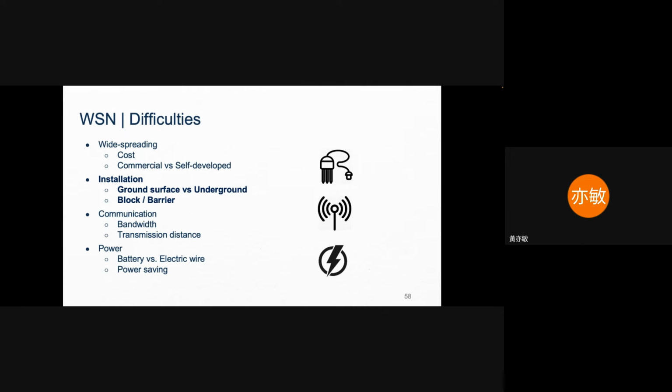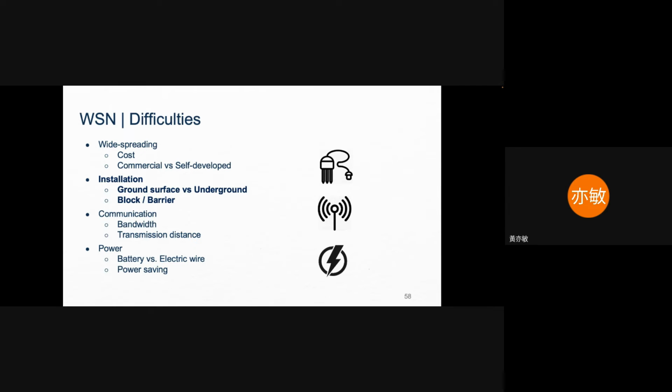The third one is communication. Communication usually is the most important one. If we cannot communicate with our sensors, then the sensors are useless because we don't have any data coming back from the site. And the next one is power. Each sensor operates on power. You can either put in batteries or use an electricity wire connected to our sensors.